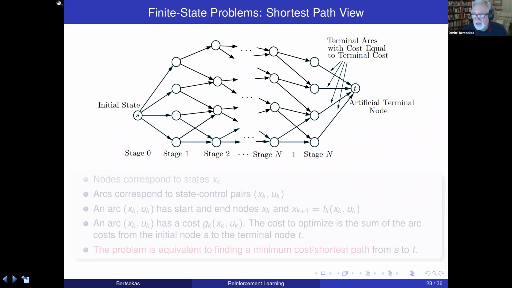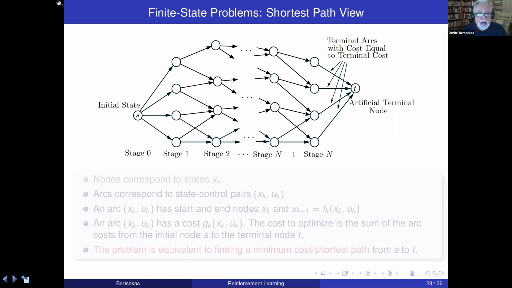Now something that I did not stress here is that this algorithm, the dynamic programming algorithm, applies very generally to deterministic problems. The state space can be anything.